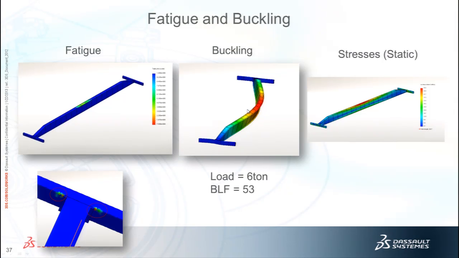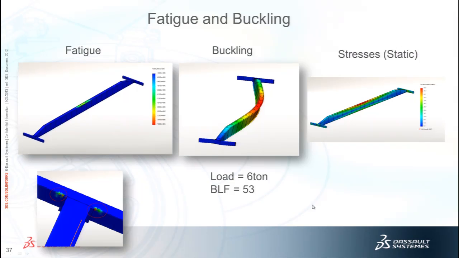Also, buckling. Buckling is very important because, as you can see, the top part of the bridge is compressed, and this is slender, right? So you may have buckling, because in the real case it was overestimated.